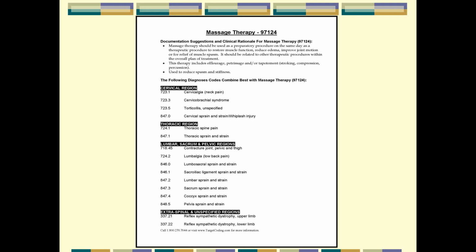This book gives you every 97 code that you would probably use in a typical chiropractic or physical therapy practice, like traction, electrical stim, ultrasound, therapeutic exercises, neuromuscular reeducation, therapeutic activities, massage therapy, manual therapy. It lists the CPT code and all the associated diagnosis codes. So make sure you're using the right diagnosis codes.